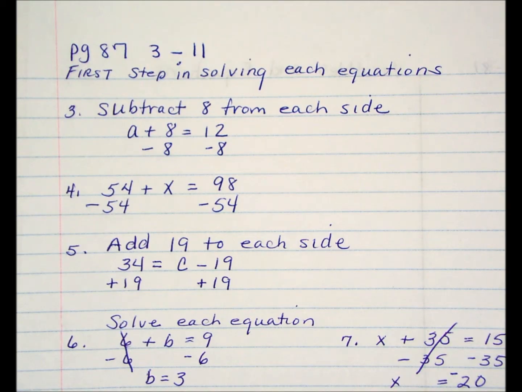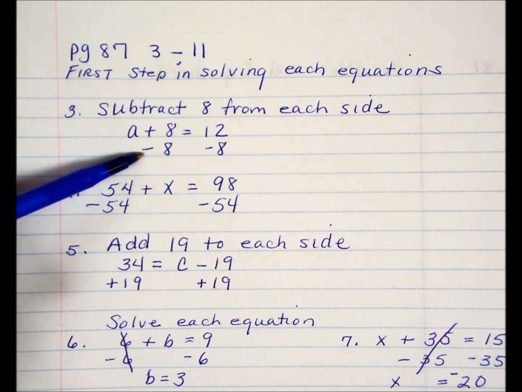Now let's go over to page 87 and do 3 through 11 to practice solving equations. So in the first part it says state the first step in solving each equation. Well, you want to get rid of whatever integer is with the variable. So the first thing we would do for this one is subtract 8.